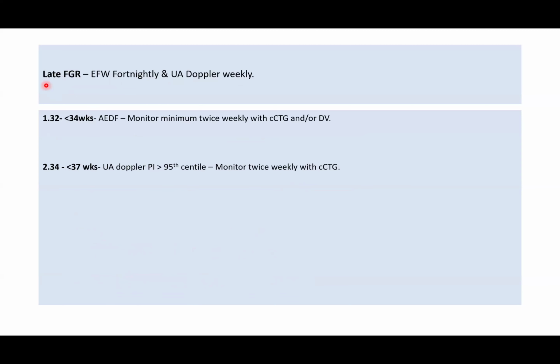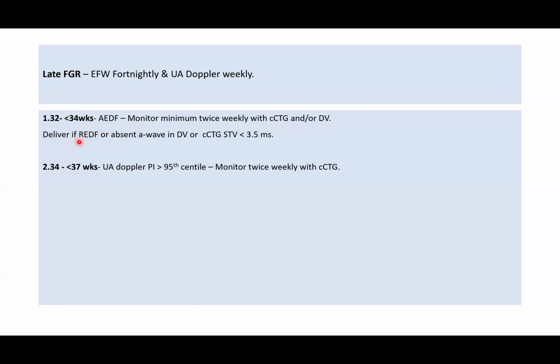Now let's discuss the management of late FGR. In any FGR, we know monitoring is by estimated fetal weight fortnightly and umbilical artery Doppler weekly. If gestation age is between 32 to less than 34 weeks and there is absent end-diastolic flow, then monitoring is done minimum twice weekly with CTG and or ductus venous.